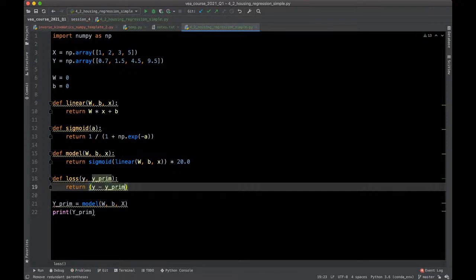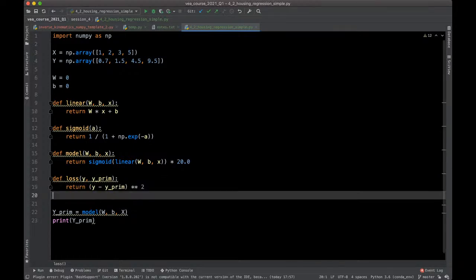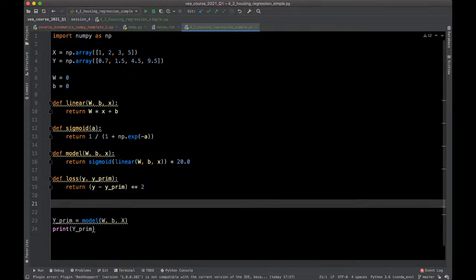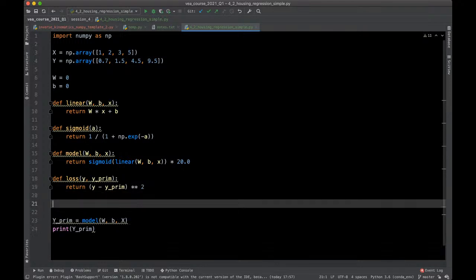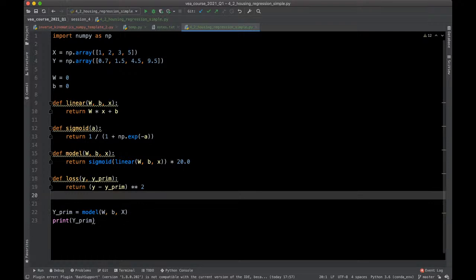Let me check what formula I wrote: y minus y prime squared. The order here is also important, because the derivative will be different if you change the order, of course.